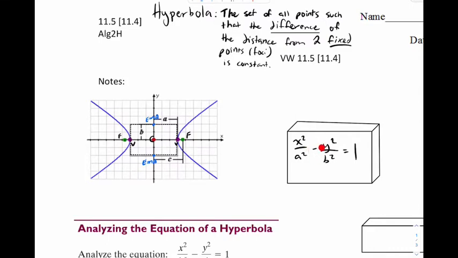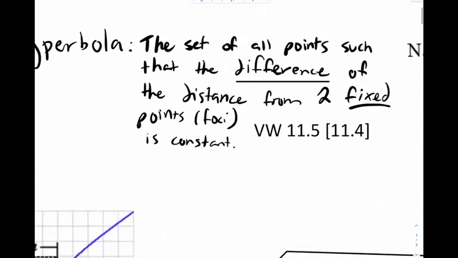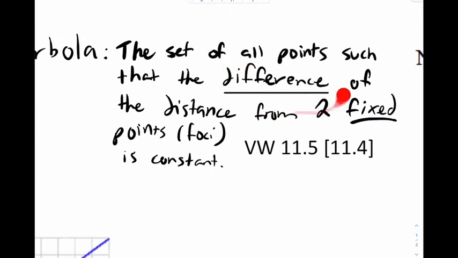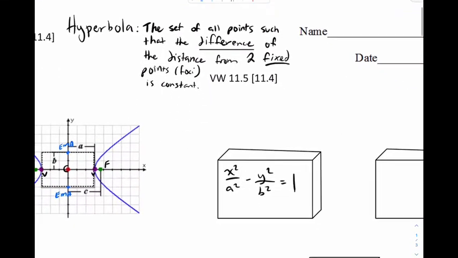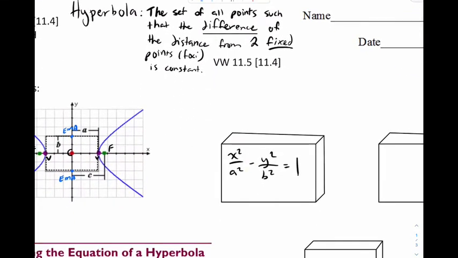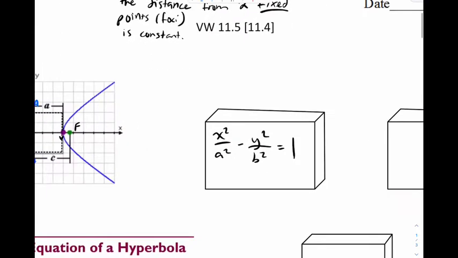You have a subtraction sign, and that goes to the definition of a hyperbola, versus an ellipse, which is the sum, and that's why for an ellipse you'd see a plus right there. And for this one, we're going to put a note: a is always first. Okay, so there's our first equation.